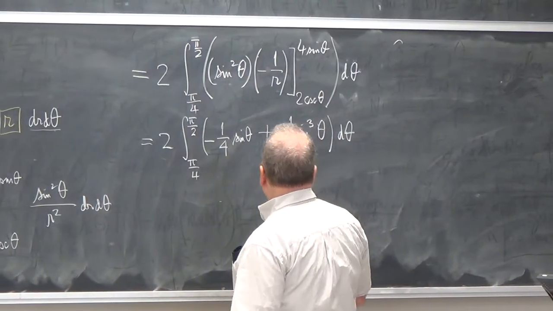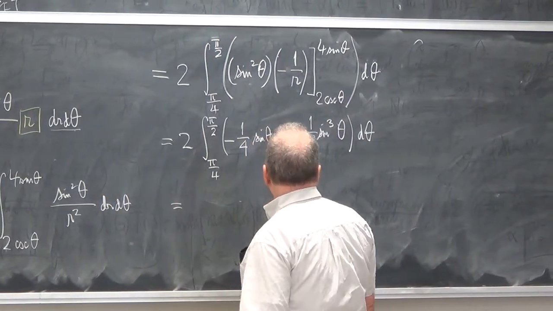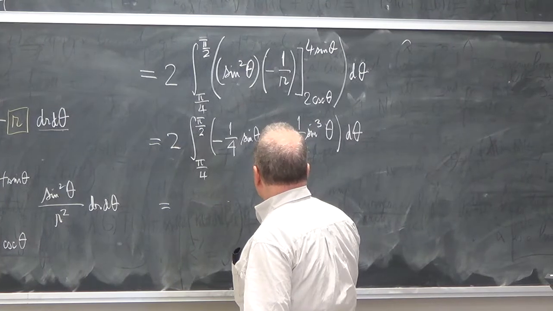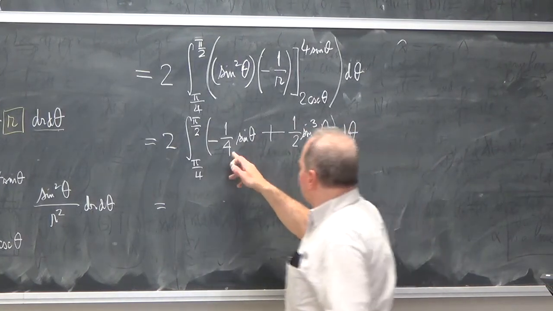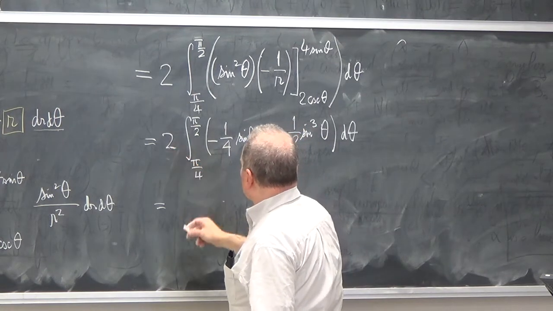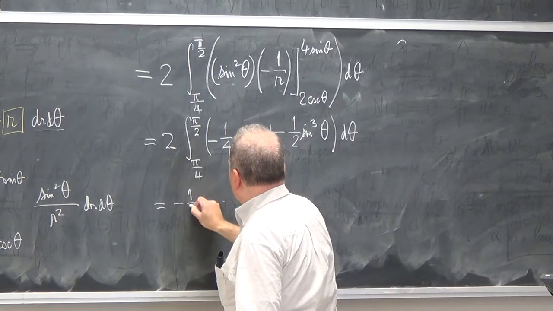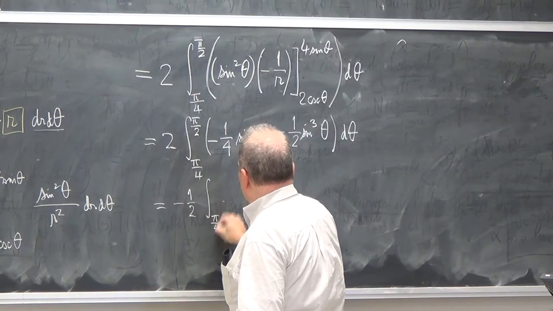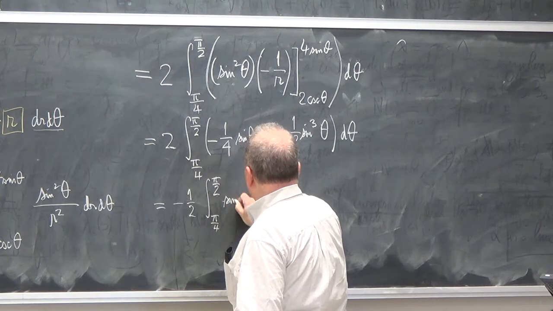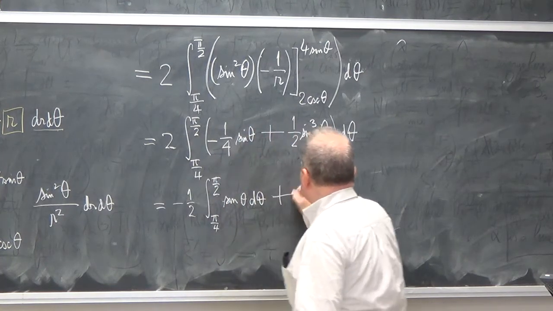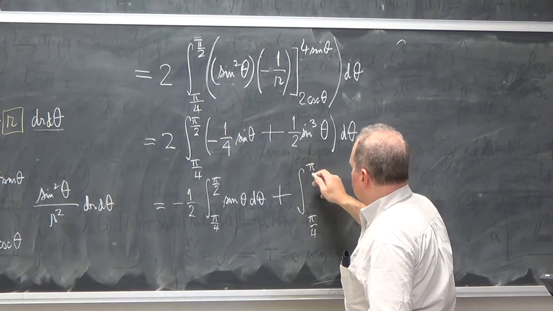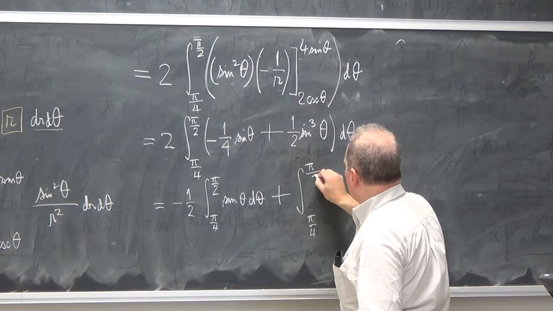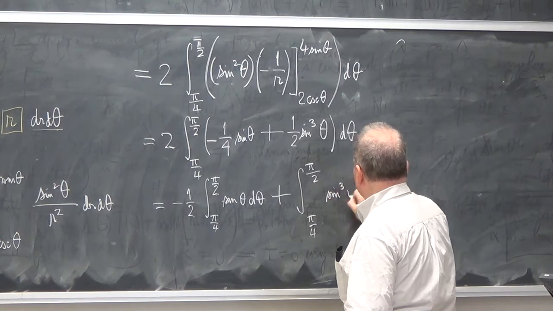All right, so I can do them separately. It's actually not hard to do this. I want to simplify a little bit and say it's negative 1/2 the integral of sine theta plus the integral of sine cubed theta.